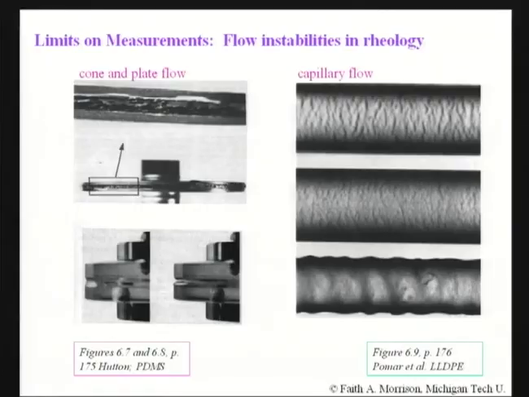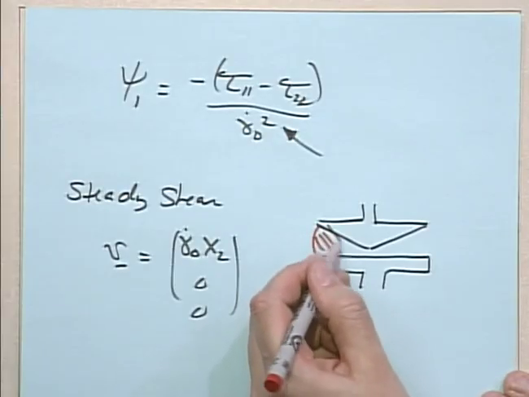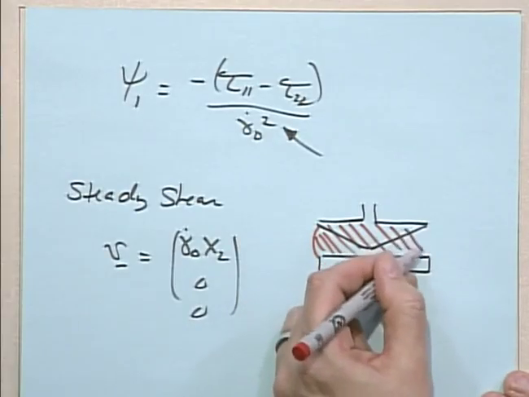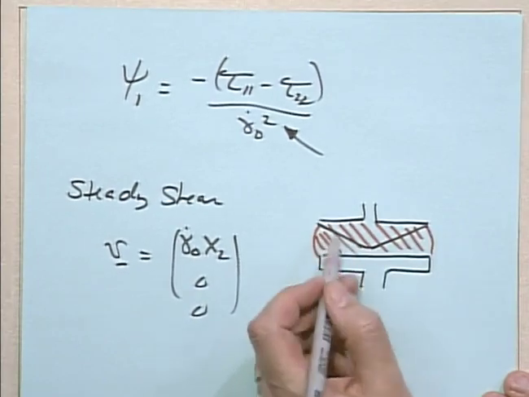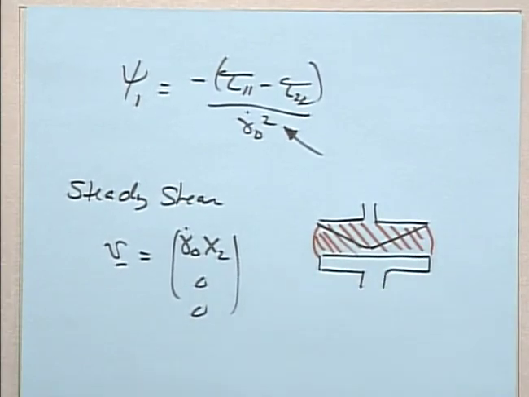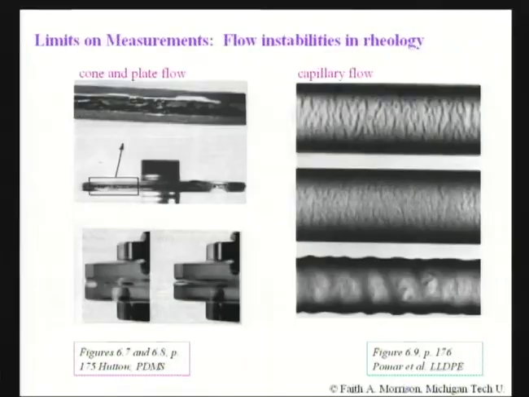So when you look at a full gap, all of this is filled up with sample. That cone is in the center. So it looks like just a solid bit of material, and that's what I'm looking at both here and here. This top one is actually a very, very shallow cone between here and here. And you typically will turn the cone or the plate on the bottom.